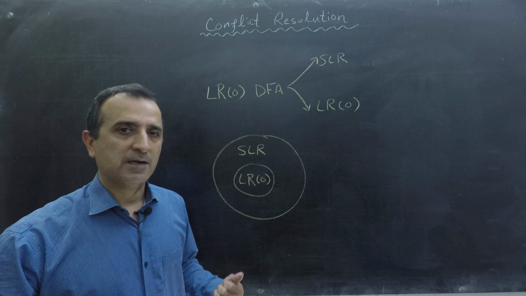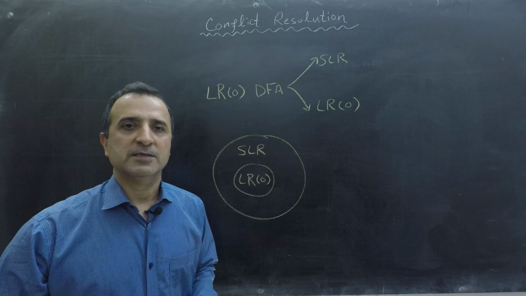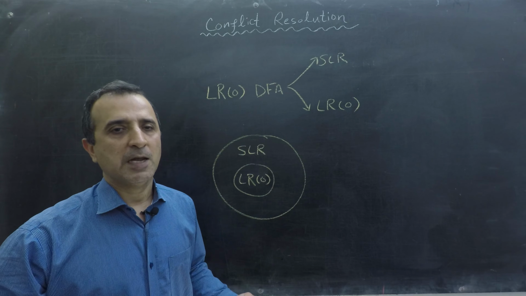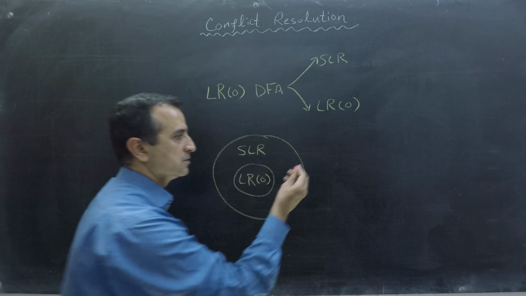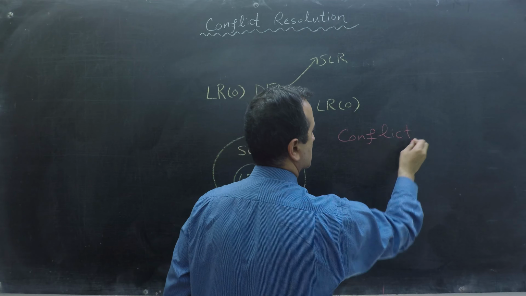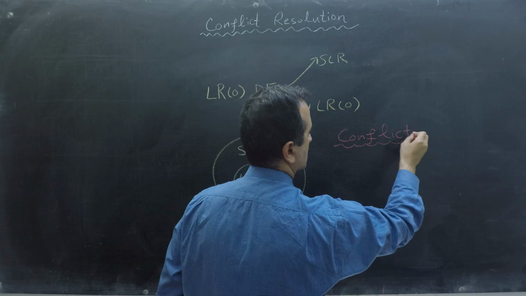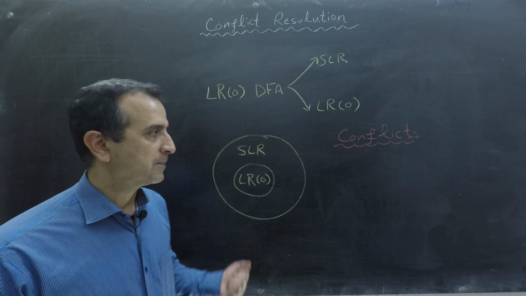Before we start making parsing tables with an example of both of those parsers, let me first describe what I meant by conflict. There could be two kinds of conflict.